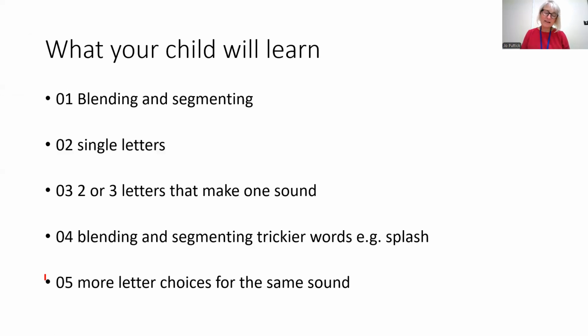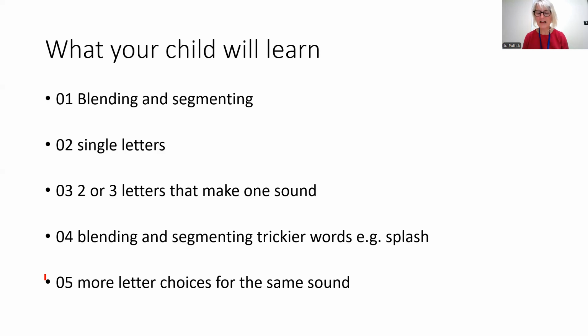We learn phonics in school systematically. So we start with children learning to blend and segment in foundation stage 1. And then in foundation stage 2, they go on to learn first the single letters and then 2 or 3 letters that make a sound. And also in foundation stage 2, they learn how to blend and segment much trickier words where a number of consonants sit together, sometimes harder to hear.